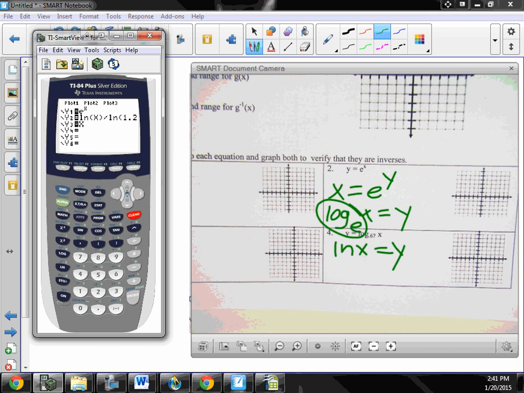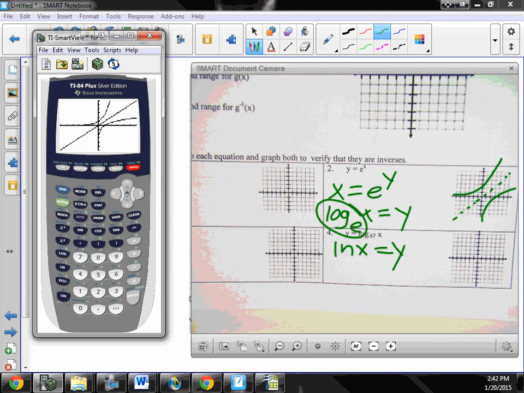And then down here, because we're using base e, it's just ln x. And you'll see that these two do not intersect. That's what those look like.